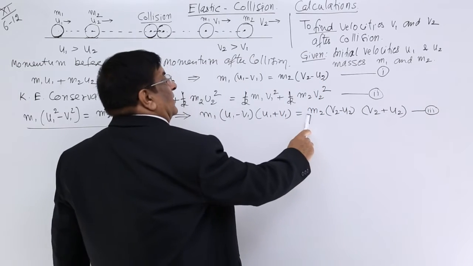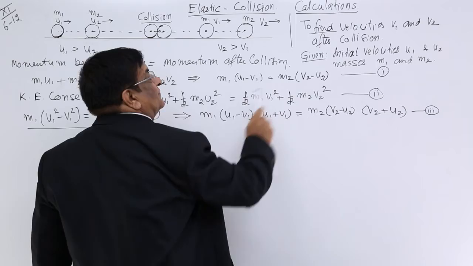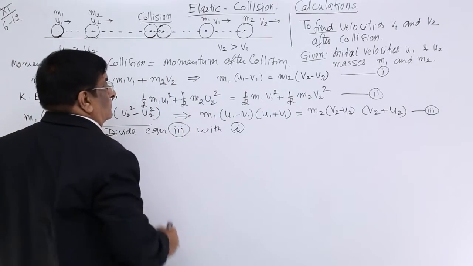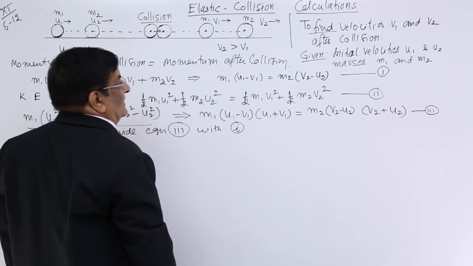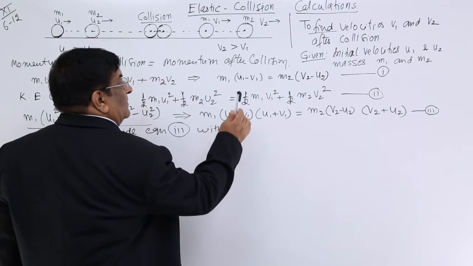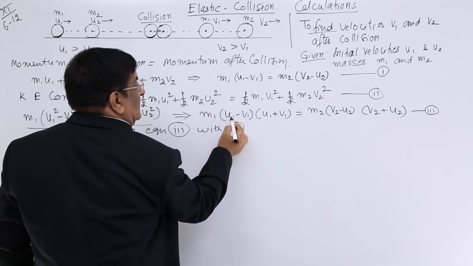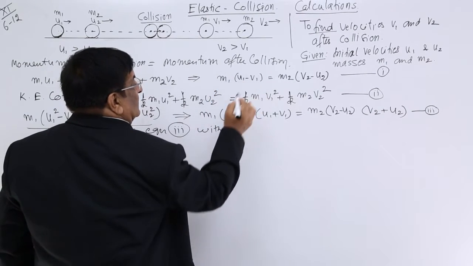Divide equation number 3 by equation number 1. When we divide, left hand side with left hand side, m1 is cancelled, u1 minus v1 is cancelled.